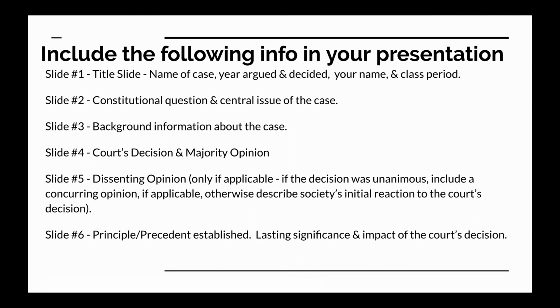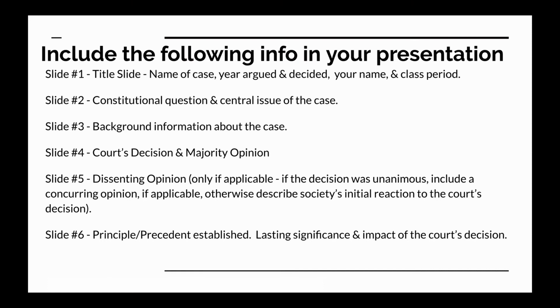What we mean by this is that there are some Supreme Court cases that are a majority ruling of 9-0. You may look at that and say, there's no dissenting opinion, so I don't need slide 5. In fact, if that is one of your cases where it is a 9-0 Supreme Court ruling, what you will do is, because you do not have a dissenting opinion, you instead could substitute a concurring opinion.